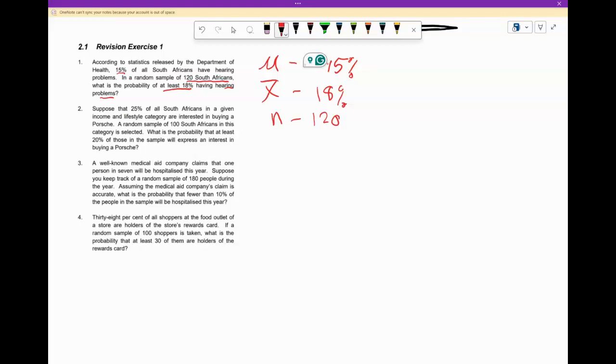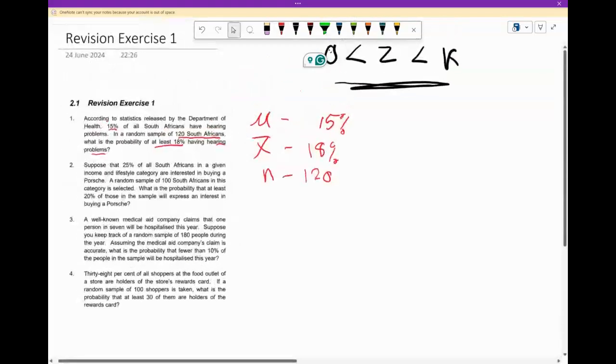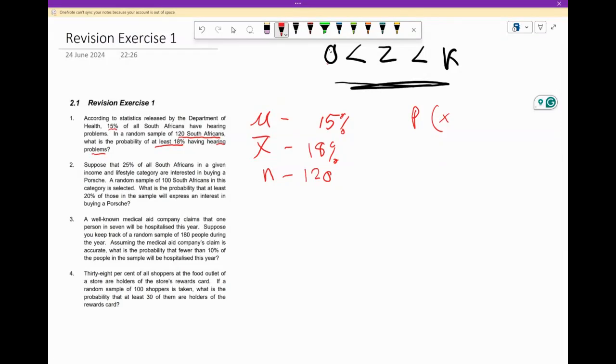So basically, if we're to interpret what they're asking, they're saying, what is the probability that X is at least. So is it going to be greater than, or less than, or equal to 18? They're saying at least.